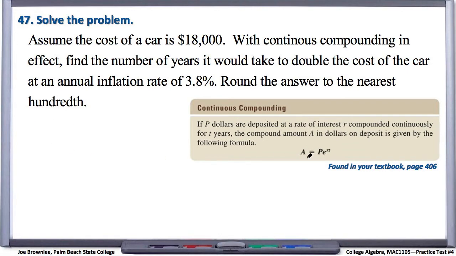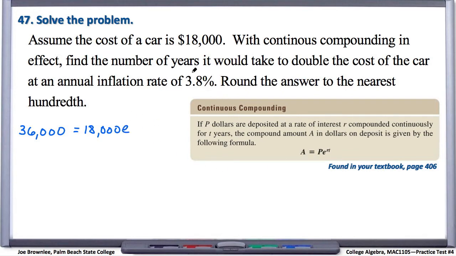We know that A is the compounded amount, the amount at the end of this period, the amount that we're stopping at. Well, 36,000 is the doubled amount, equals P, our principal, our starting amount, 18,000, times e, again Euler's number, to the r times t.